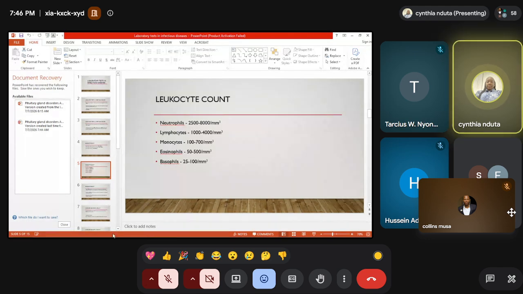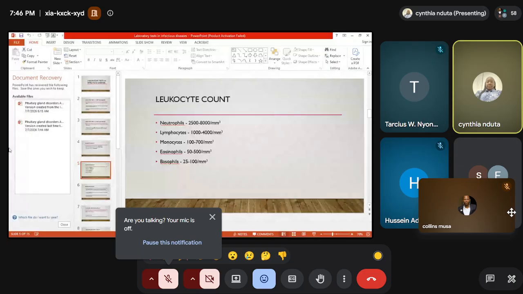If you look at your hemogram, you'll see the general WBC count, but on top of that, you'll see several differential counts, of lymphocytes, neutrophils, monocytes, and the others.